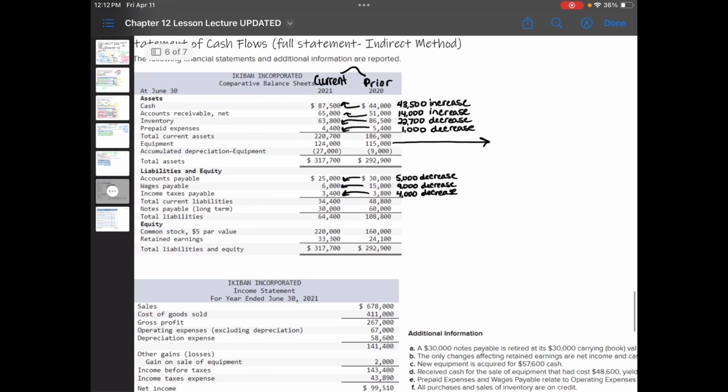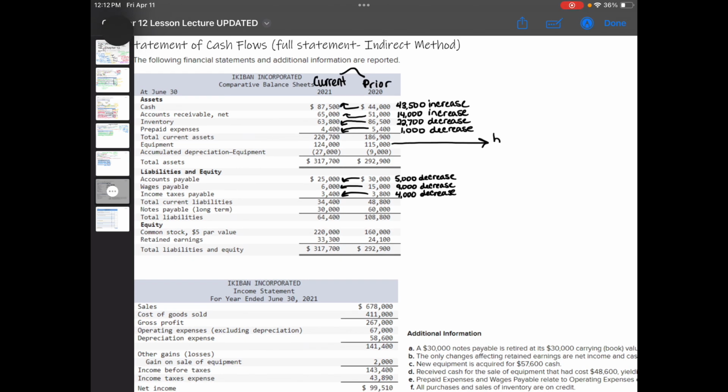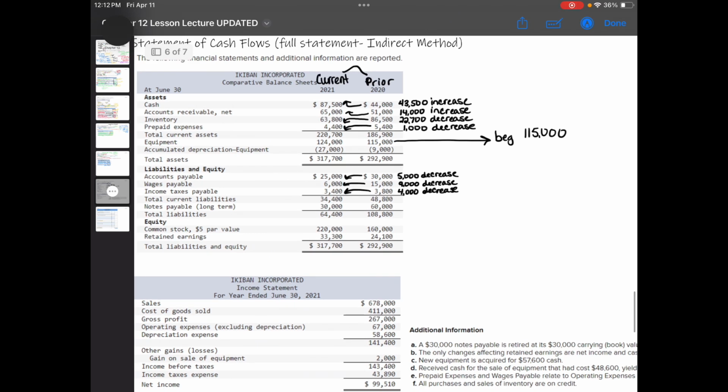For the equipment, we know that our beginning balance was 115,000. And we know from note C that we bought more equipment. So we're adding new equipment.